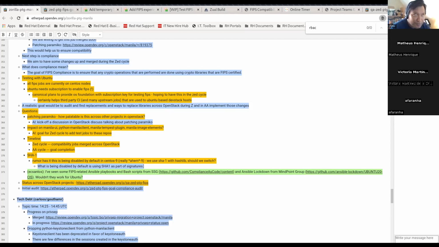That on the Ubuntu side, as far as I know, requires an Advantage subscription in order to work correctly. So I'd have to look at those bash scripts and playbooks to see what they do.